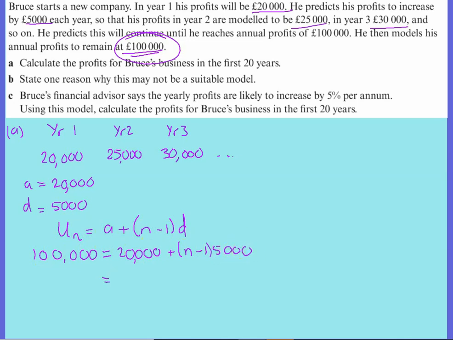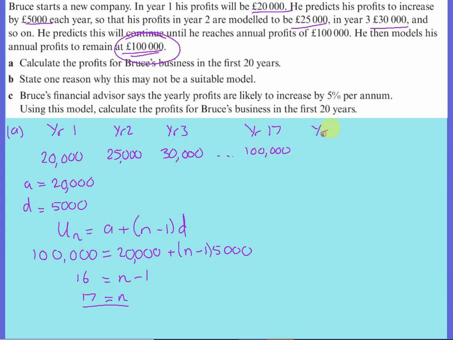So let's take away 20,000 and divide that by 5,000, and that will give me n minus 1 is 16. So n is 17. So what that means is in year 17 we have 100,000.